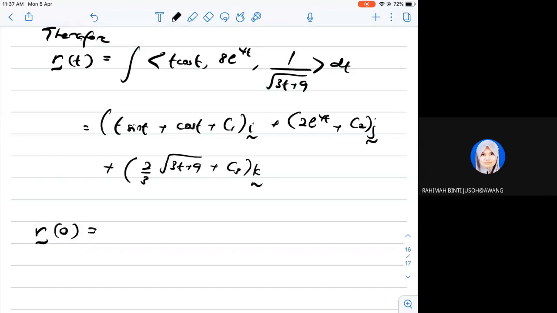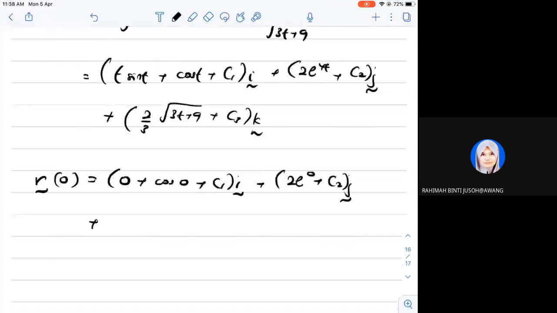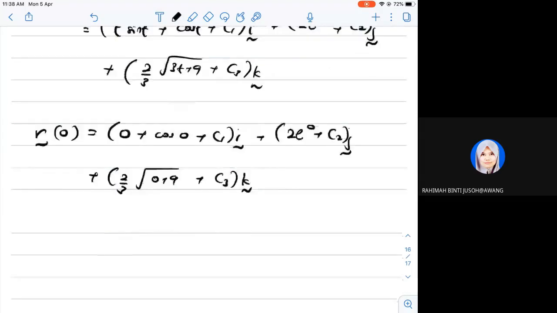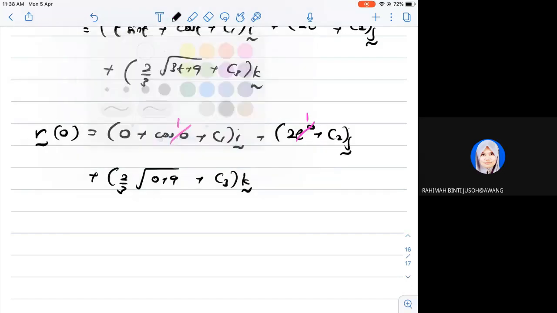r(0) samalah dengan 0 sin 0 tambah cos 0 tambah C1 i tambah 2 eksponen 0 tambah C2 j tambah 2/3 square root 0 plus 9 plus C3 k. Alright. Cos 0 is 1. Exponent 0 is also 1. So dapat apa ni?